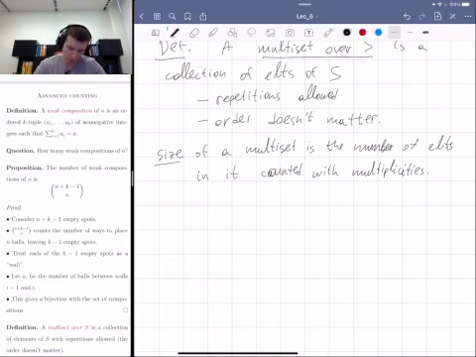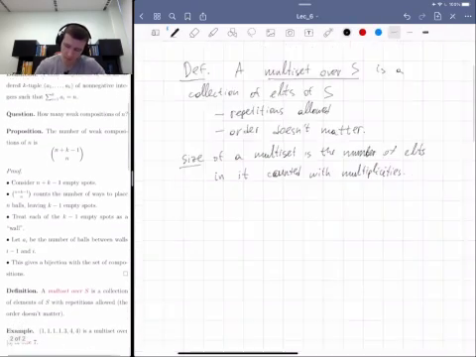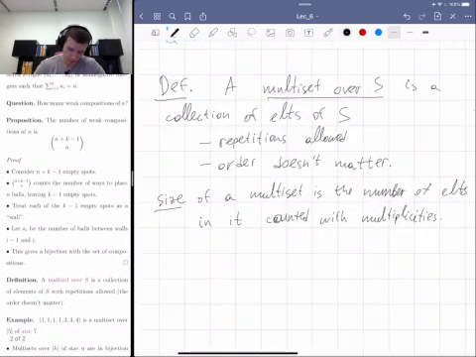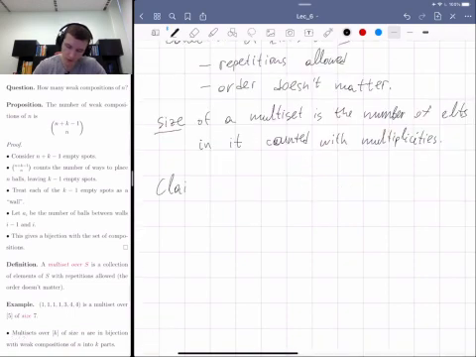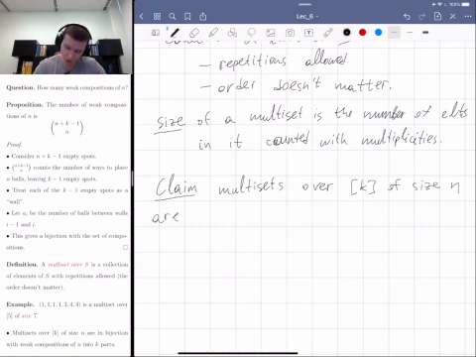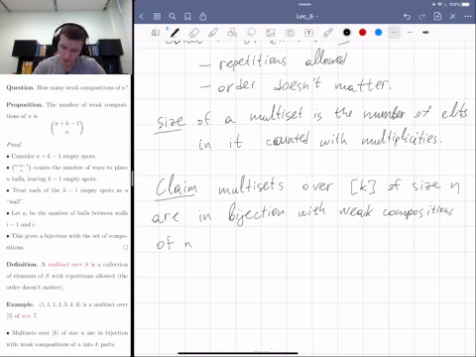Here's the claim, which is that multisets over bracket k of size n are in bijection with weak compositions of n into k parts.